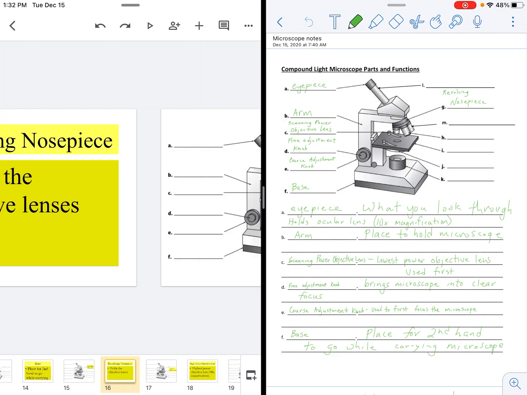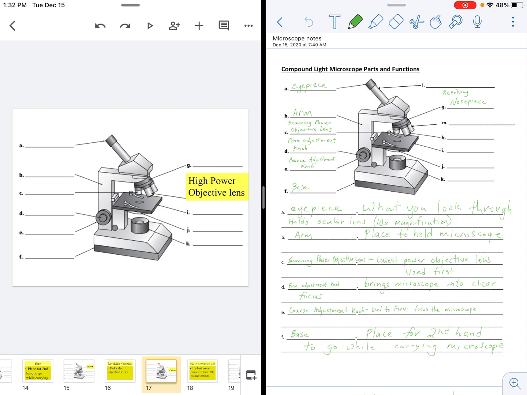And so the next piece that we're going to be putting on here is letter H, which is the high power objective lens.